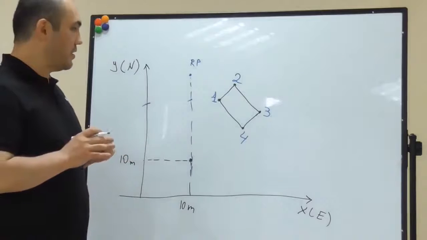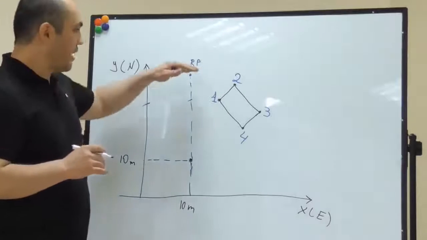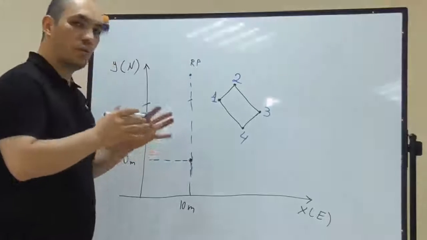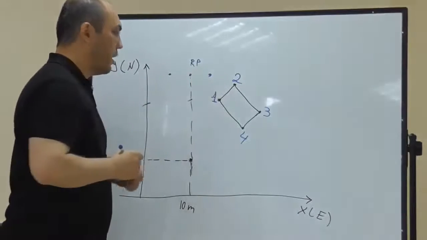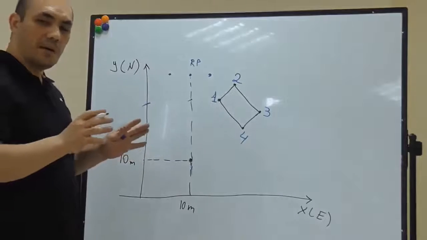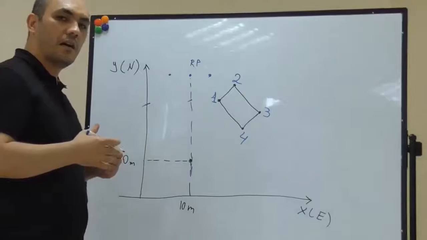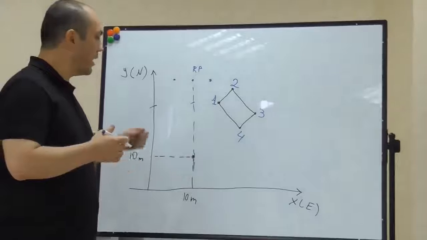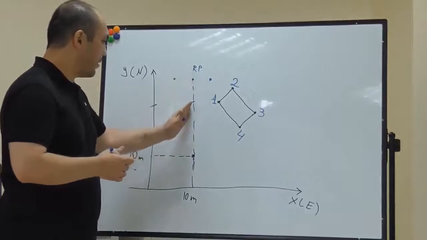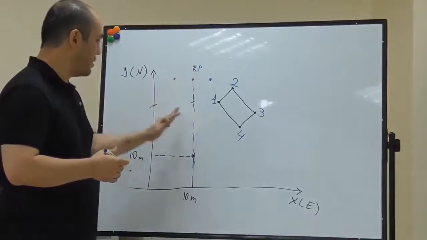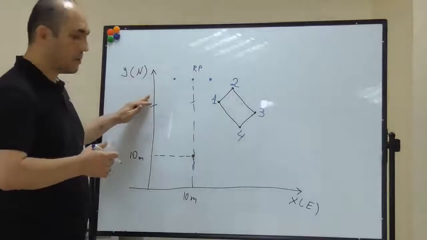Actually, this is no problem; the backside point could be located anywhere, but I want to make my calculation easy, so I assume the reference line is parallel to the main axis.